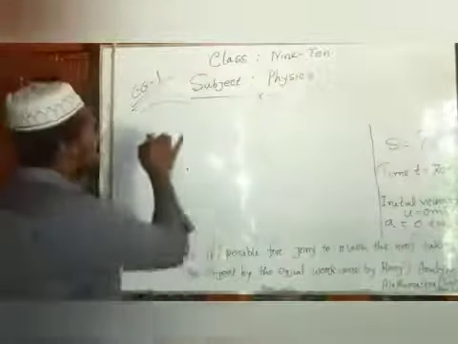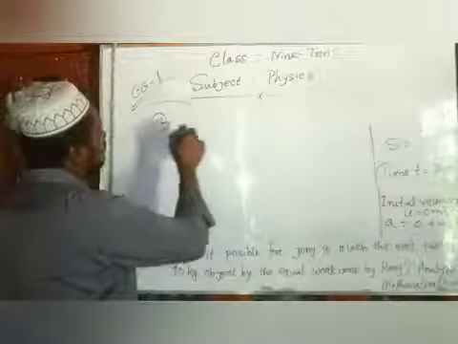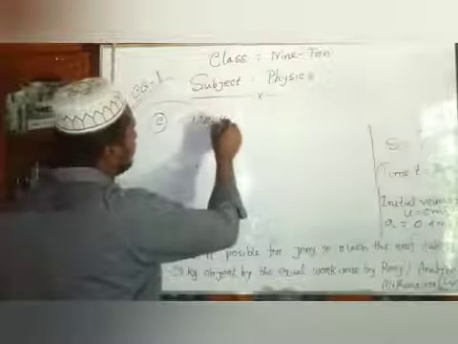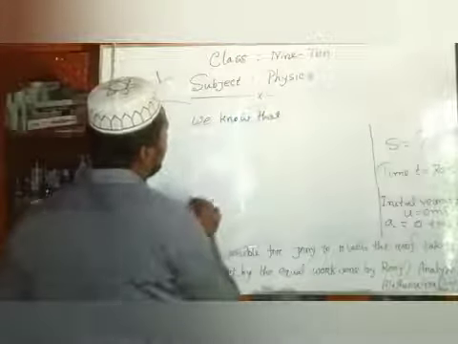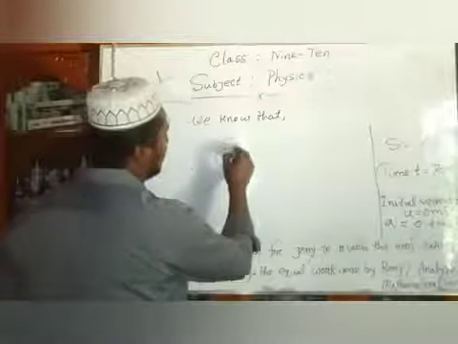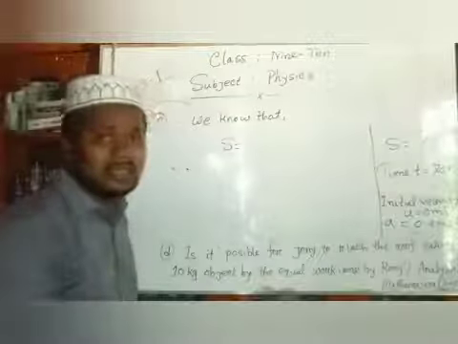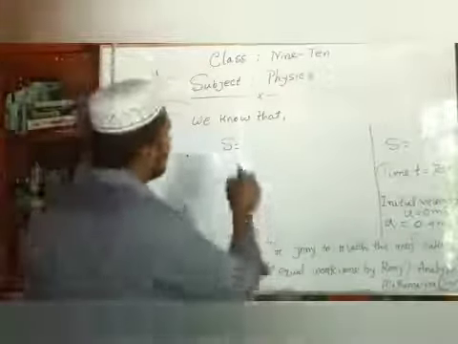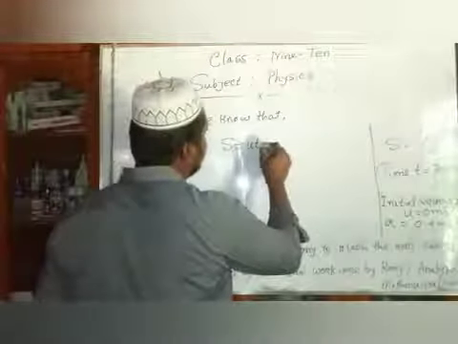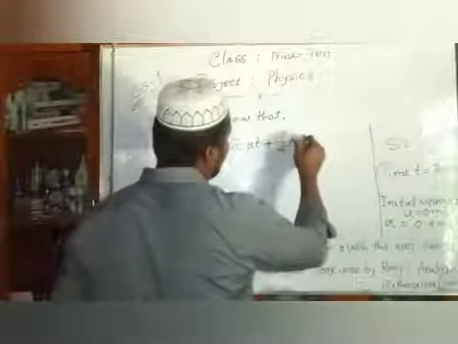What is the formula? We know the formula for C type: S equals ut plus half a t square.